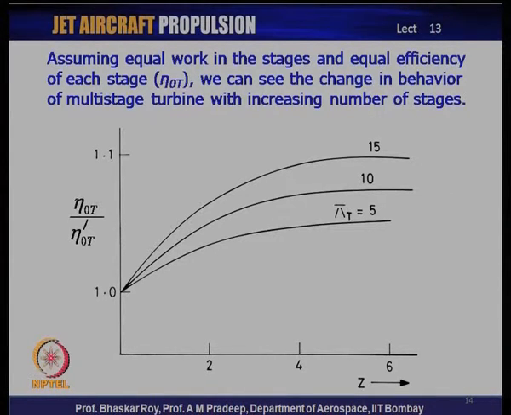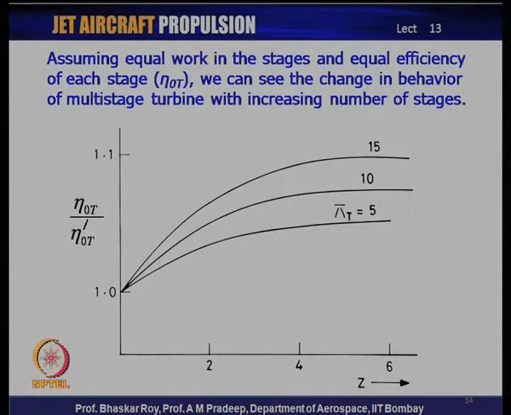And with the increase of pressure ratio across the turbine, the efficiency goes up. So, if you have a large number of stages, or multi-staging, and correspondingly you are able to get more and more pressure drop, the efficiency of the turbine system goes up.